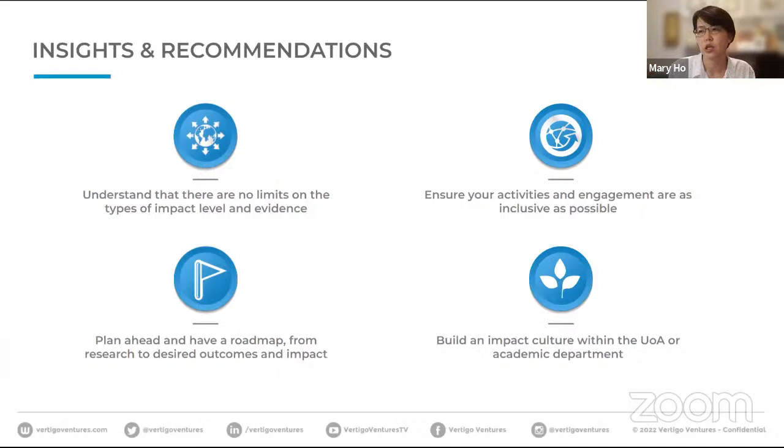Try to engage with them, not just in terms of your research, but also to understand how your research has benefited them, and from that start collecting that evidence and data. It's not something where you approach them only when you are being asked to write your impact case studies.